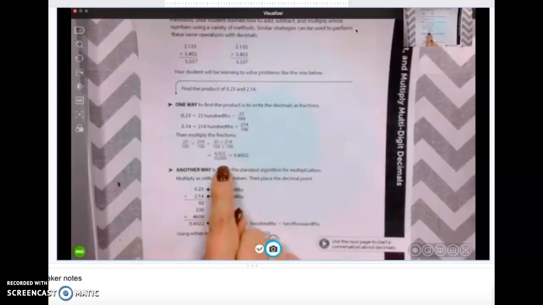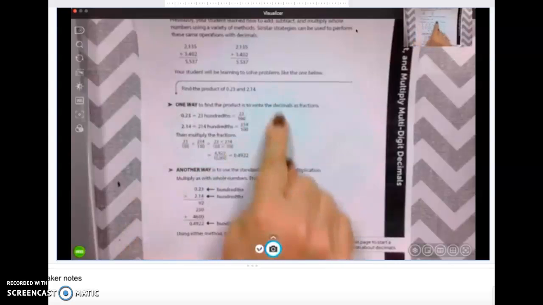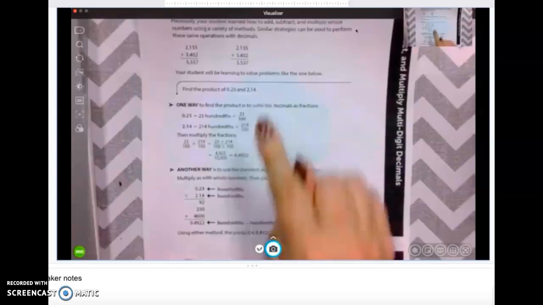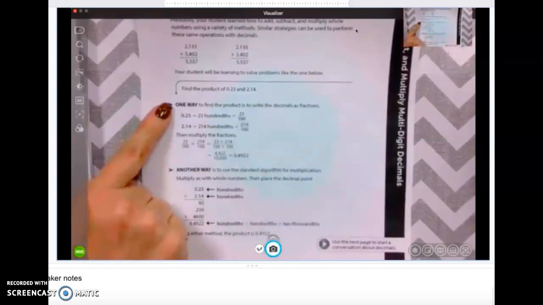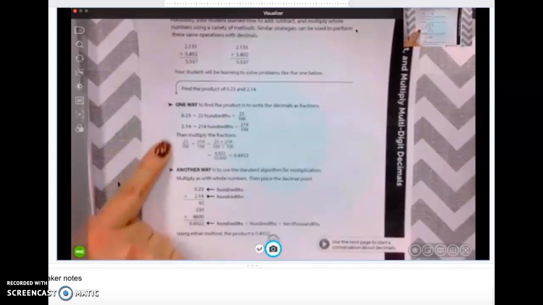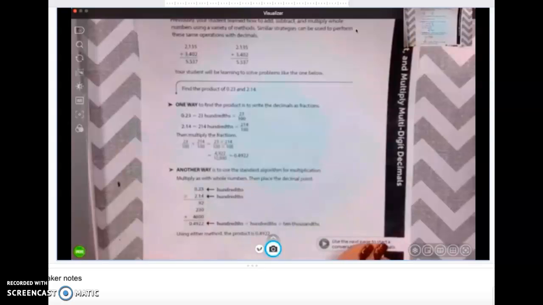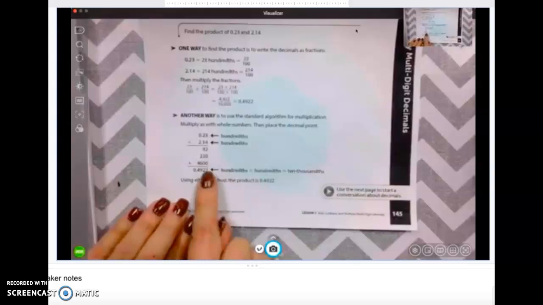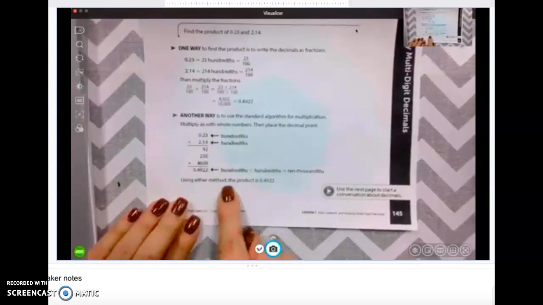Okay, this to me is a really complicated way of solving this problem, but it's one way in which we can solve the problem. So if this way is the easiest for you, I want you to use that way. Most of us last year in 4th grade learned this second way of finding the product of decimals.